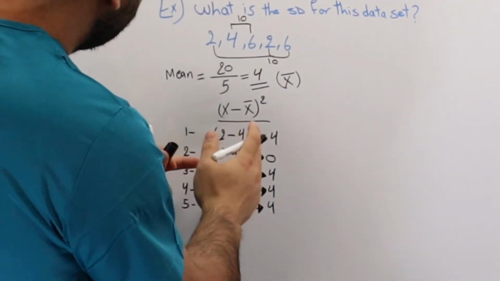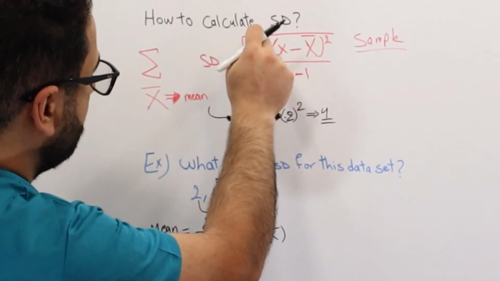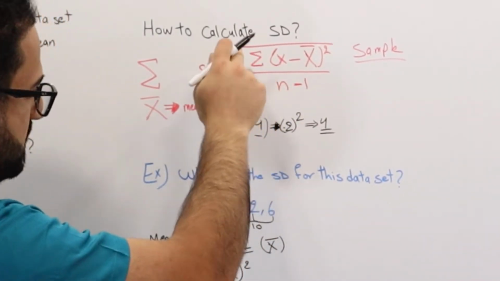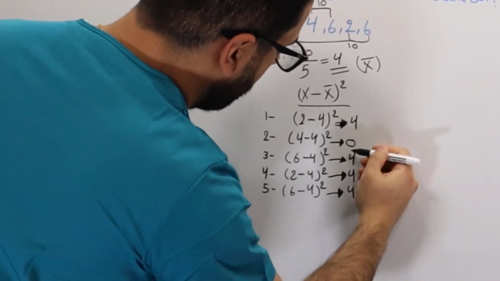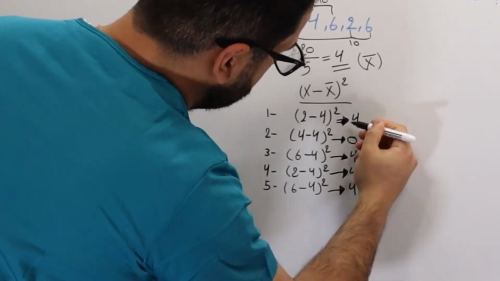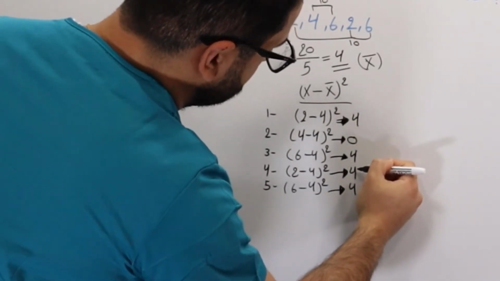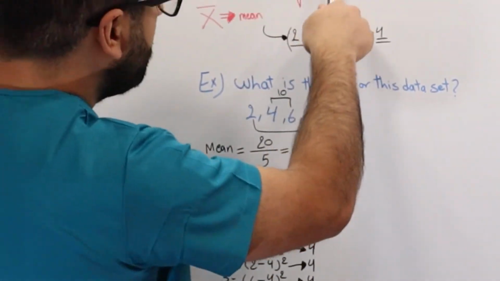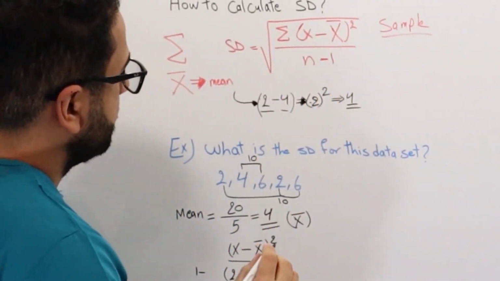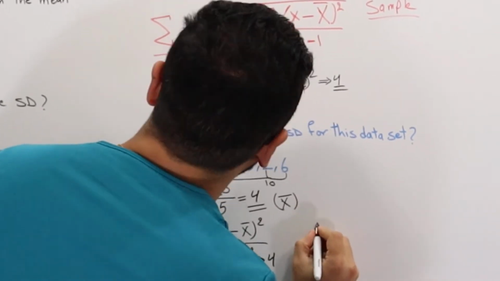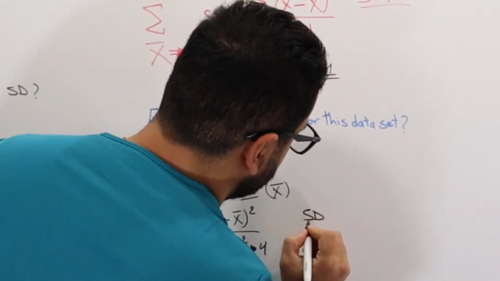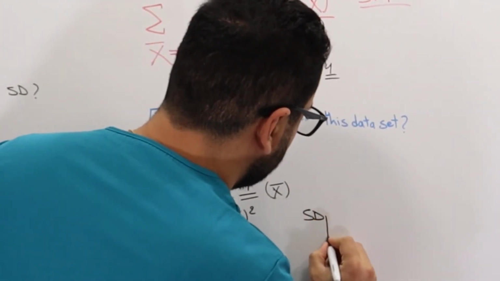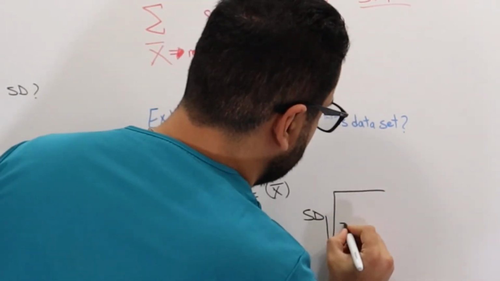So now we have done this part. Now we need to have their sum. So what's their sum? We have 4 plus 4 plus 4. So 4 plus 4 is 8, plus 4 is 12, plus 4, so we have 16. So now we have this part over here. Okay, so let me do this over here. So for the standard deviation, we have a square root.